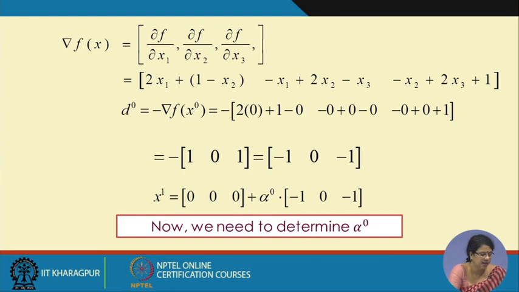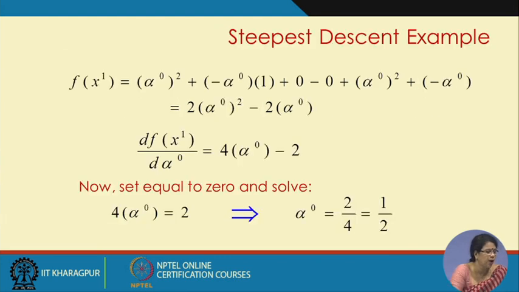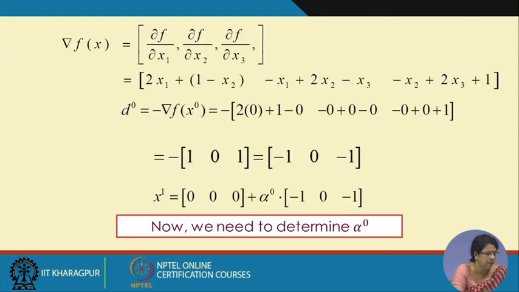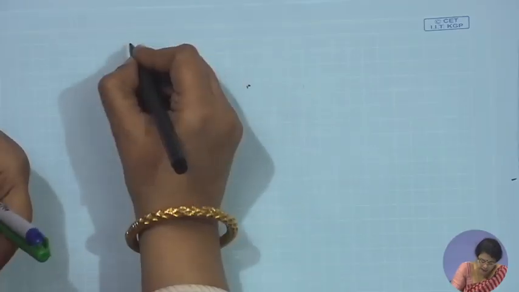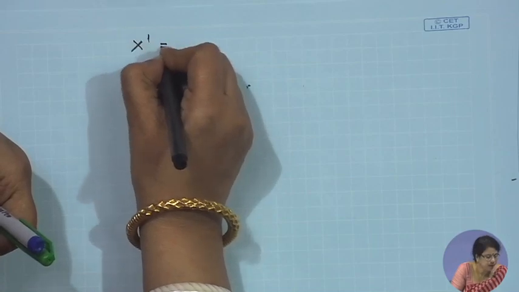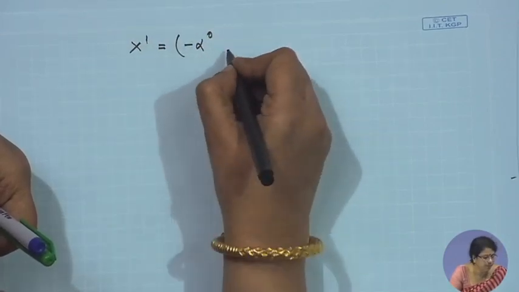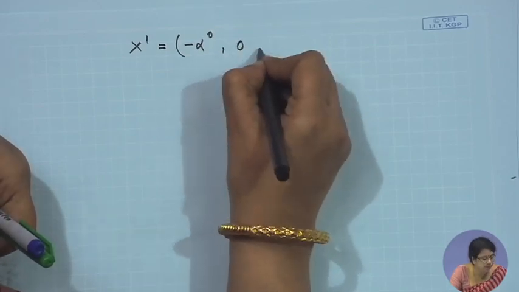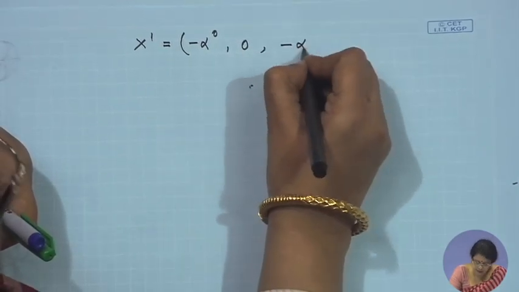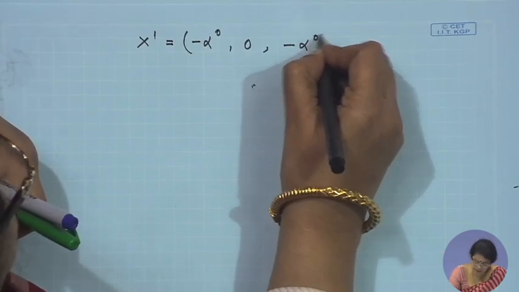Now if we do so, I did the calculation for you. For f(x1), if we substitute the previous value, x1 is coming as minus alpha 0, 0, minus alpha 0.